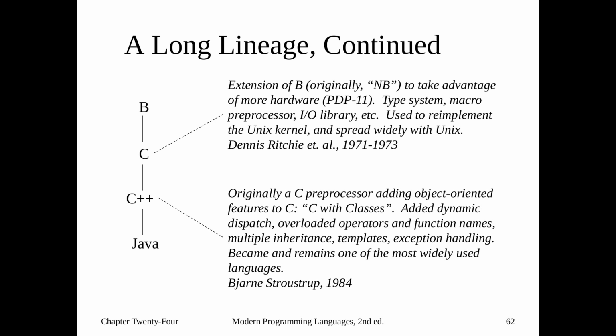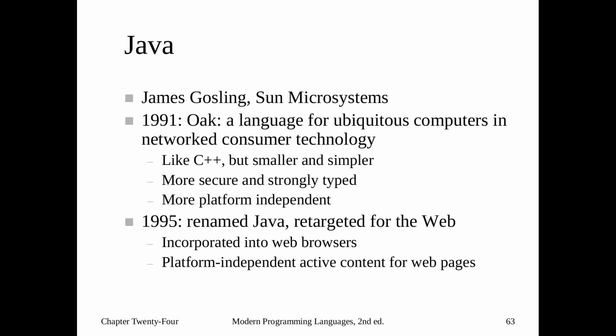So then, C++, that's '84, and then James Gosling, a researcher at Sun Microsystems, back in '91, designs a language called Oak, okay? And it was designed for small computers, right? Think about where we are today with all these tablets and phones and everything that we have.